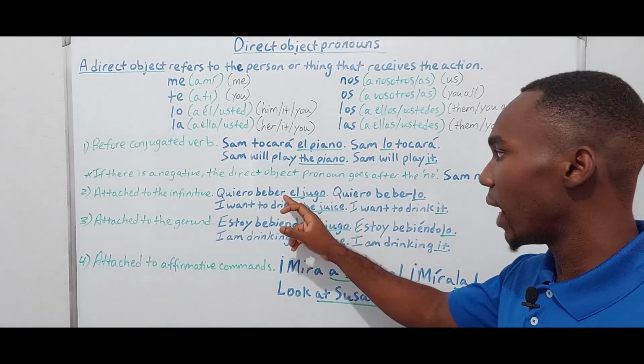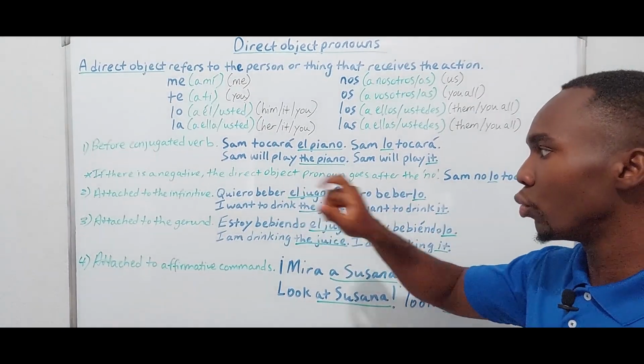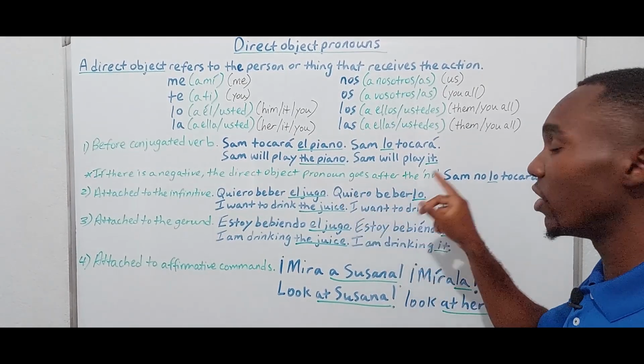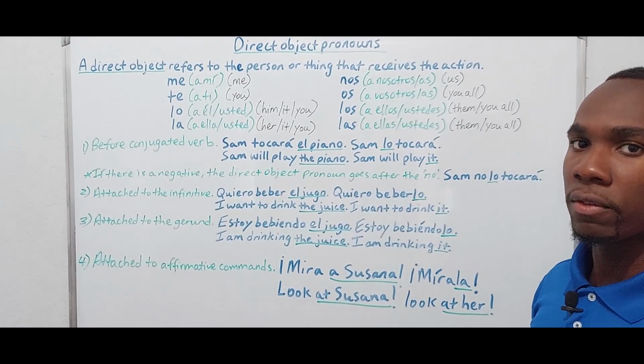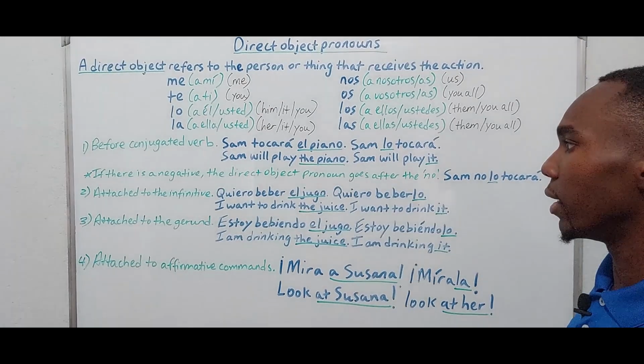And because we have an infinitive, we would attach the direct object pronoun to the infinitive, right? So it would become quiero beberlo. I want to drink it.